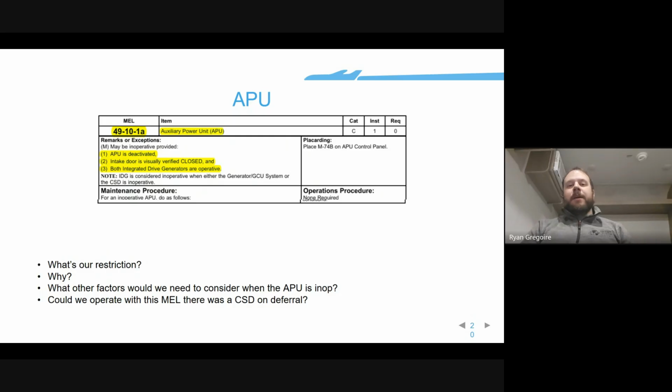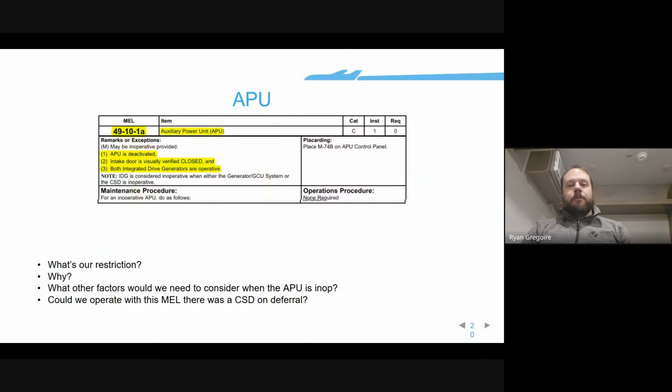Because, the same thing as for alternate planning, if you are dispatching an aircraft with an inoperative APU and that flight requires an alternate, you would want to ensure that your alternate has operative ground power and air start.